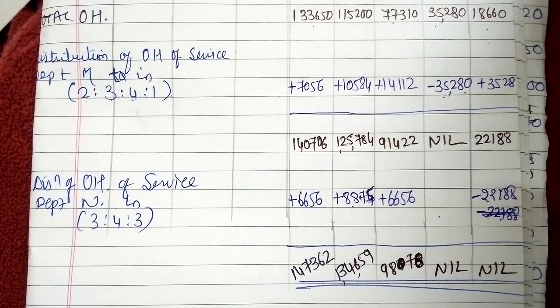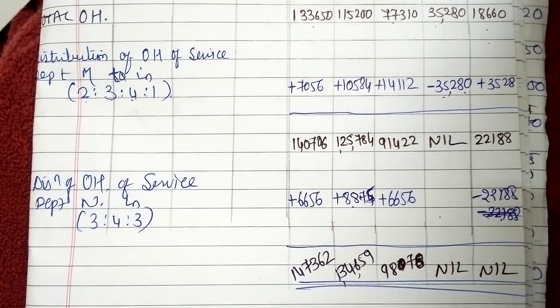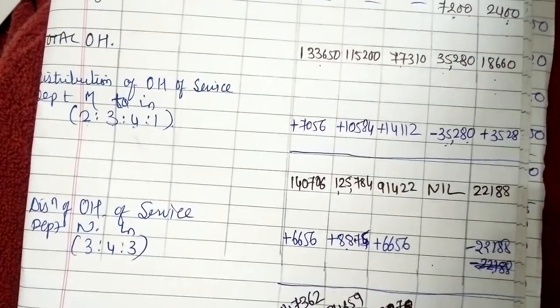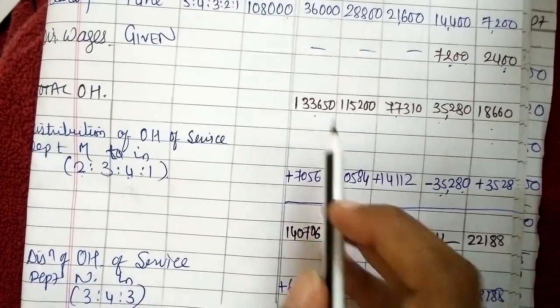Let us recheck this. Alright, so this is the distribution. Repeating this from total overheads.